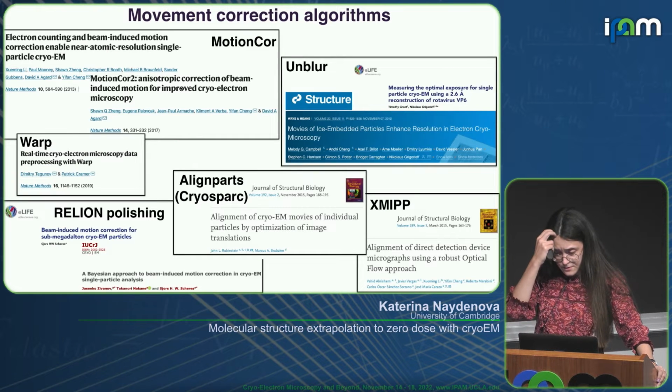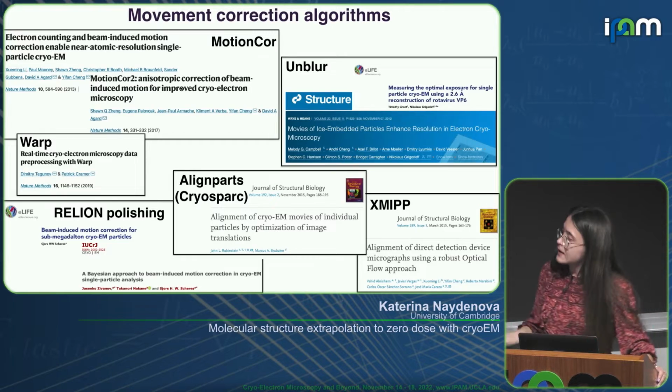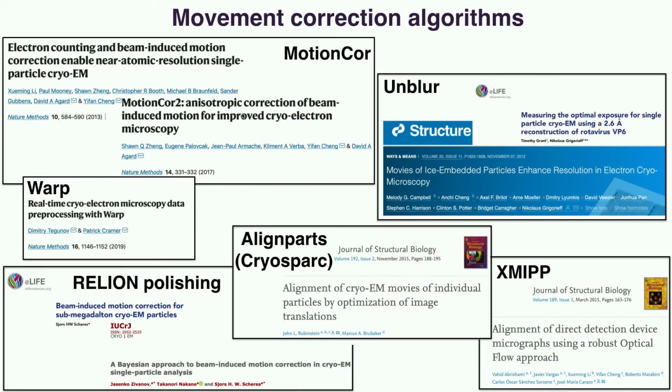All right, so why do we worry about specimen movement if we have all these programs that, in a sense, deal with it, starting from the very early days of single particle cryo-EM? And why do we have so many programs that deal with this?